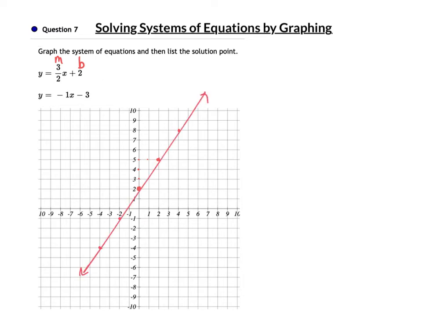The second equation has a slope of -1, an intercept of -3. Plot the y-intercept. The slope is -1 over 1. That's rise -1, down 1 over +1, or you could go up 1, left 1.